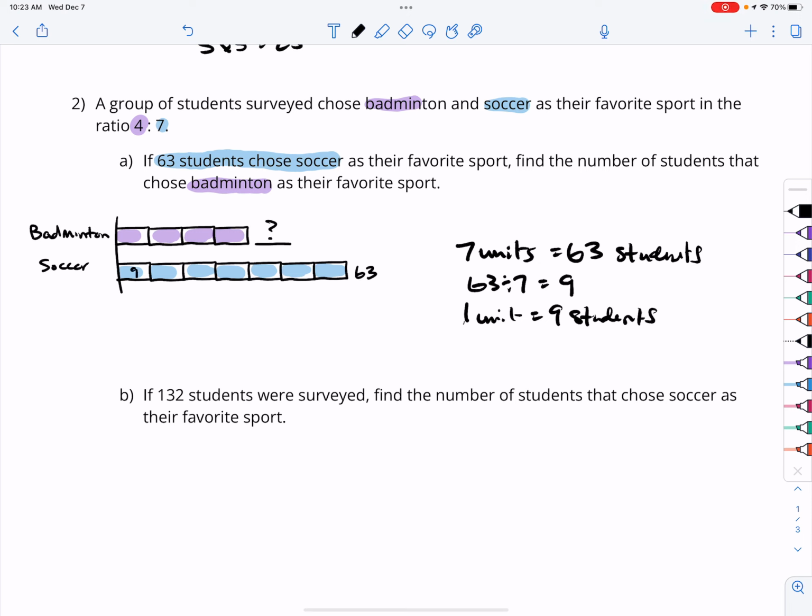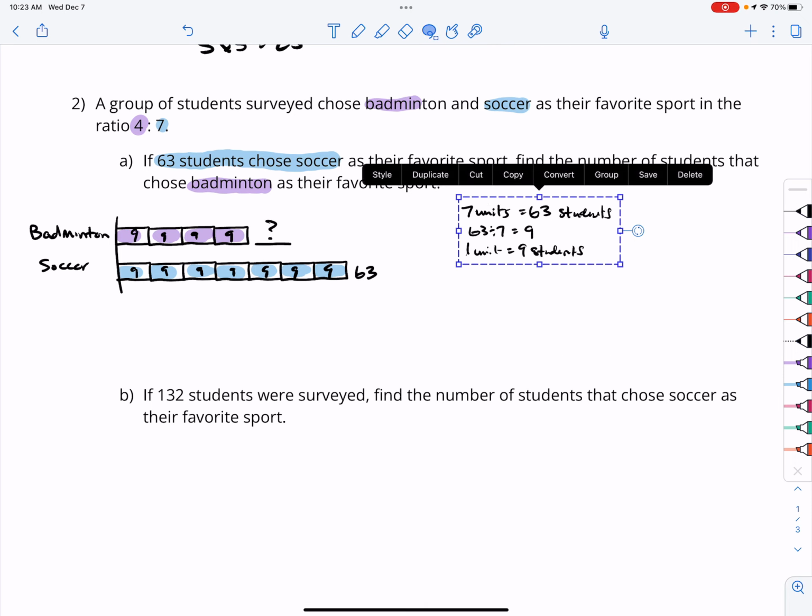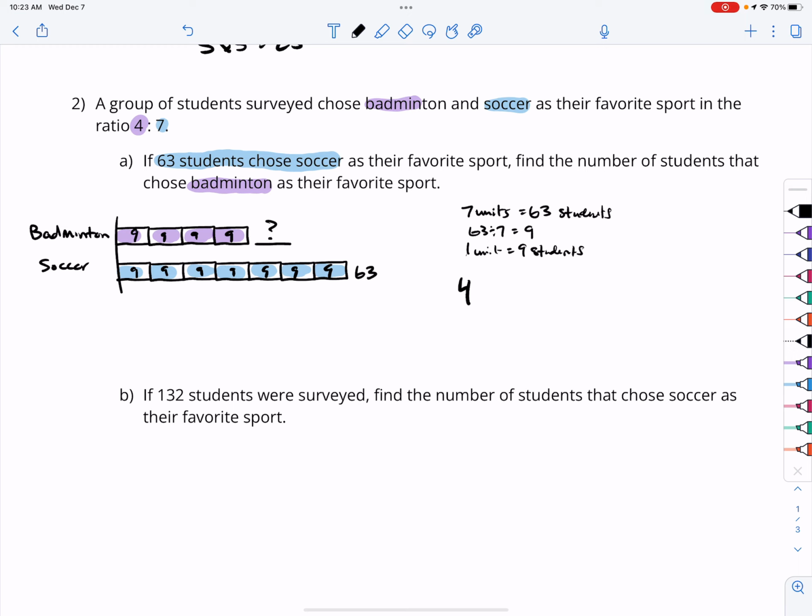So this is 9, 9, 9, and so on. And then I can tell that the badminton students are 4 units. And so that must be 9 times 4, or 36 students.